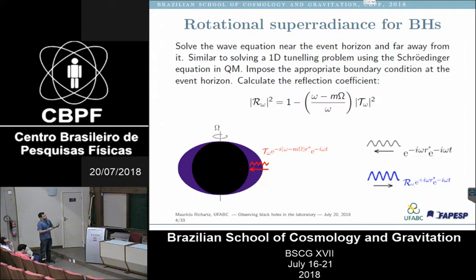If you work out the equations, it's basically, in the end, a 1D tunneling problem like you do in quantum mechanics when you calculate the transmission and reflection coefficients over a potential barrier. Then you get a conservation relation, which tells you that total energy is conserved, and you can relate this in terms of the reflection and the transmission coefficient.